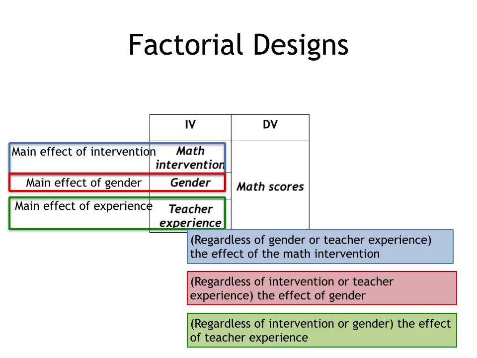Now, if you look across the red line, that's the main effect for gender. Regardless of intervention or teacher experience, I've got an effect for gender. And then in the green one, regardless of either the intervention or the gender, just ignoring those, I've got an effect of teacher experience. And so those are called the main effects. And they're like 3 little mini experiments.